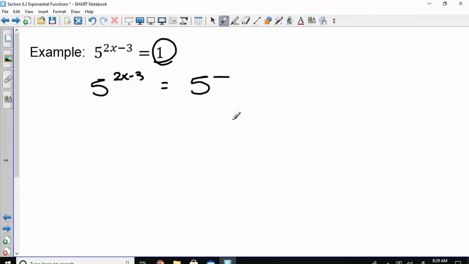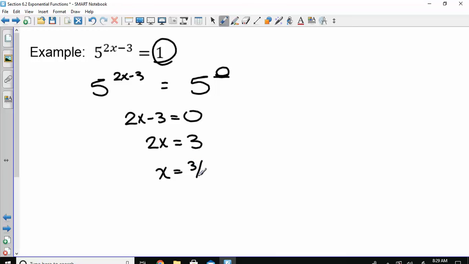What'd you say? 0. Remember yesterday we said anything to the 0 power is 1? So I could write that as 5 to the 0. So 2x minus 3 equals 0. Add over your 3 and divide by 2.